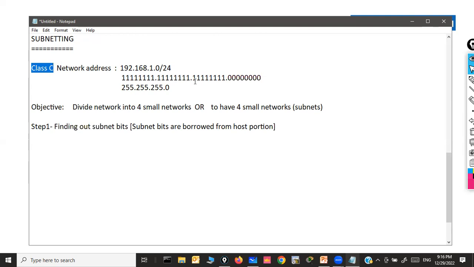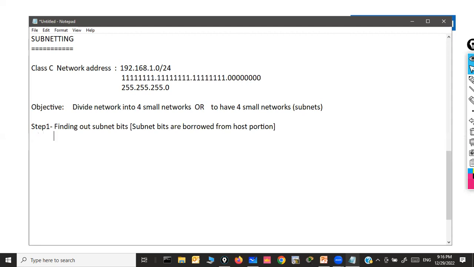In a class C network, total we have 8 host bits, right? Because you cannot do anything with the network bits. So maximum we can borrow 7 bits, or 6, 5, 4, 3, 2, 1. That's right. But how many bits?